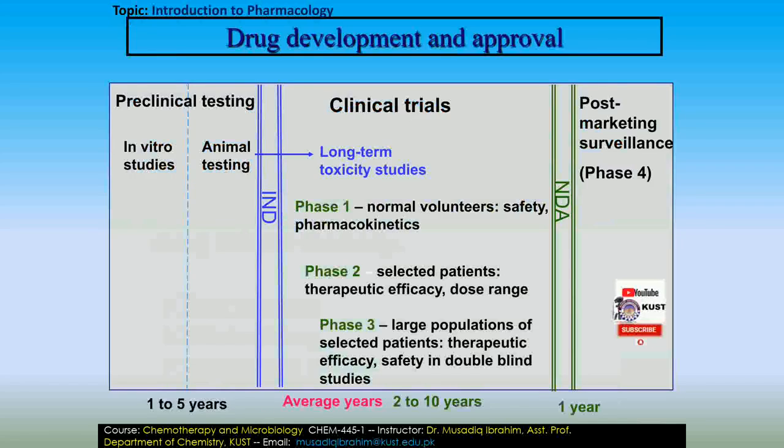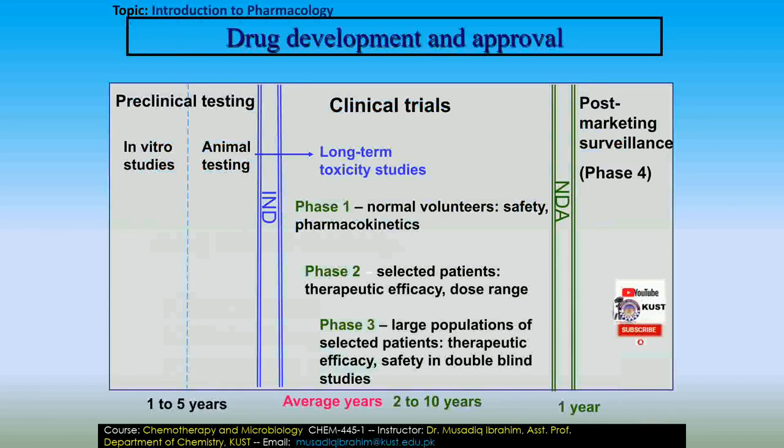So you can see that drug development is not an easy thing, and it can take a long time. One has to be very cautious, very careful, when developing a drug and taking it to market.